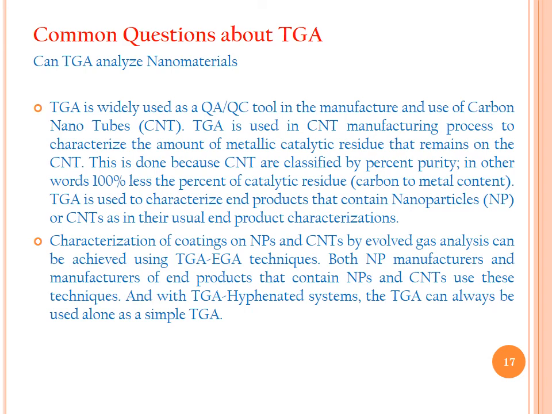Both nanoparticle manufacturers and manufacturers of end products that contain nanoparticles and CNTs use these techniques to characterize and analyze these types of materials. With a TGA hyphenated system, the TGA can always be used alone as a simple TGA. And the thermoanalytical hyphenation techniques were also discussed in the last lectures in detail.